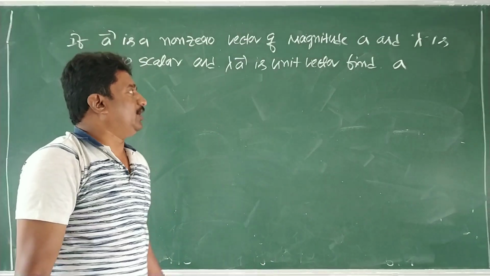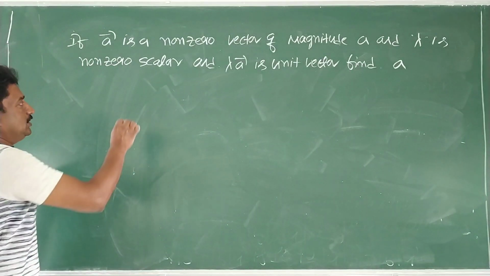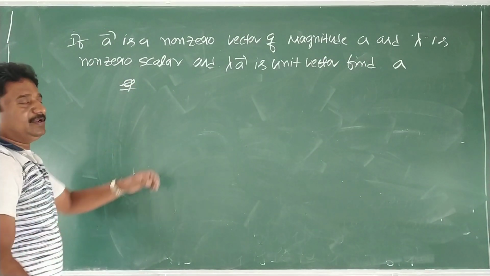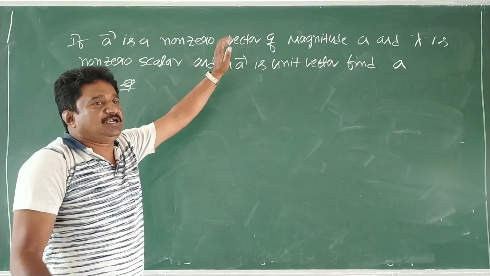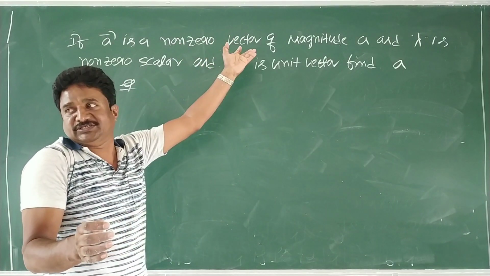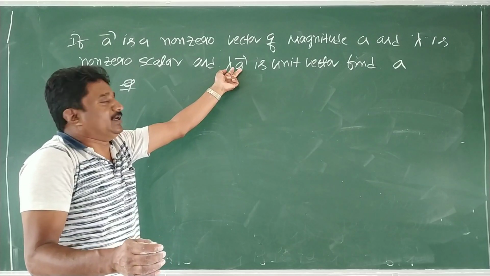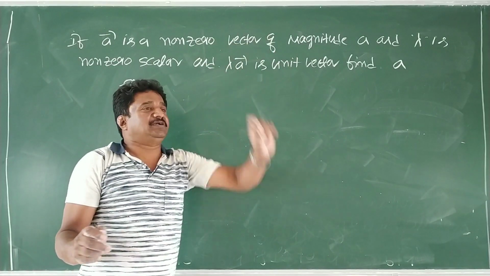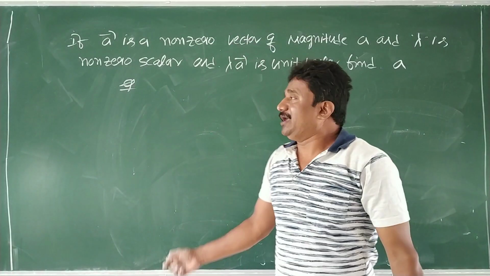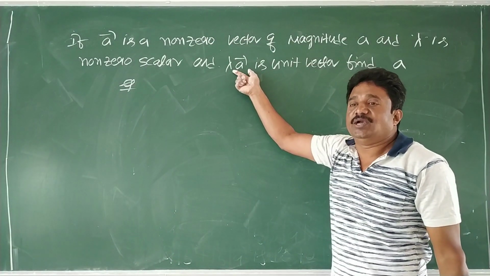Solution. It is one more question, a very easy one. Here it is given that lambda into vector A is a unit vector. What does that mean?